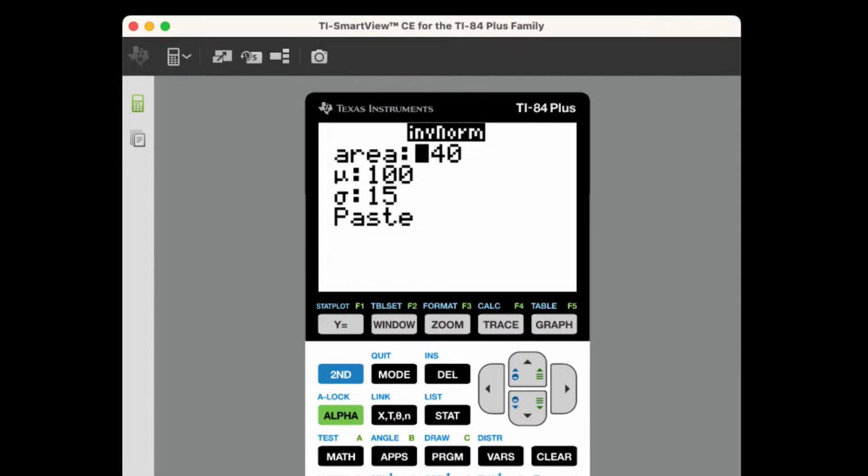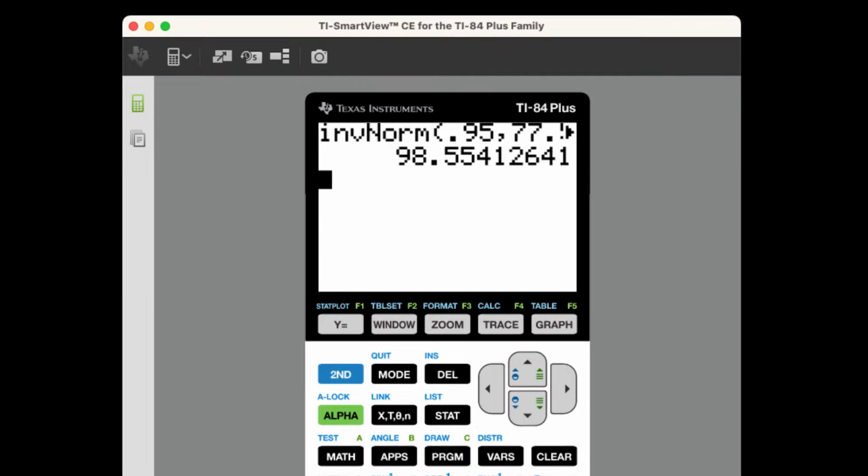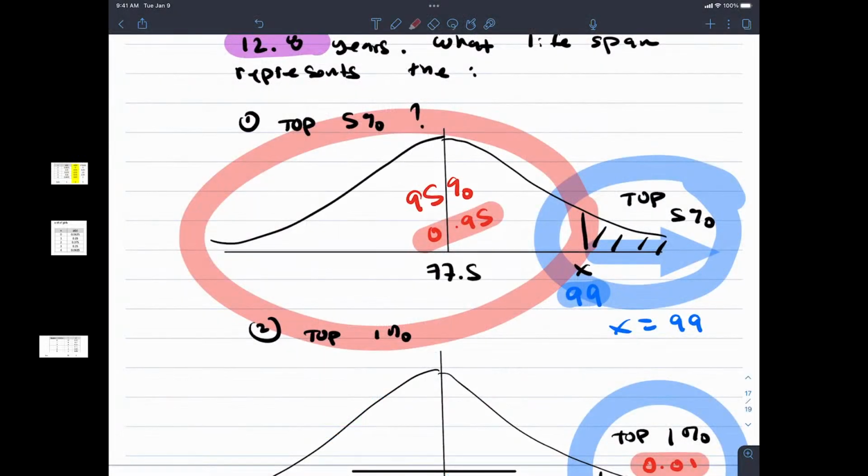So now the area is going to be 95, right? 77 point what? 5. And then what's the standard deviation again? Was it 12.8? Let me double check. Yes, because this is area to the left. And it looks like it's still going to be 99, again, to the nearest whole number.